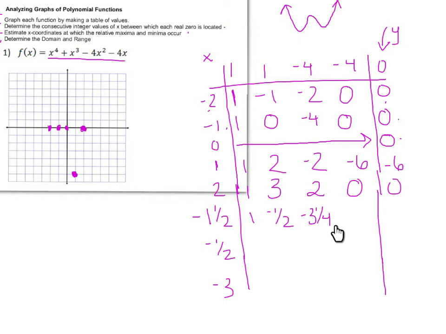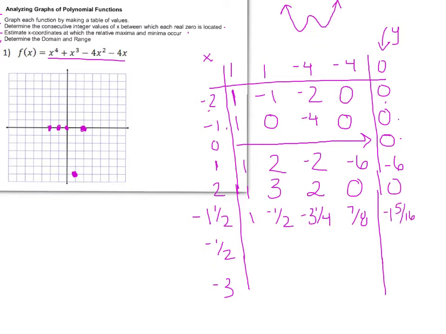Negative 3 1/4 times negative 1/2 is positive 4 7/8. Positive 4 7/8 plus negative 4 is 7/8. And then 7/8 times negative 1.5 is negative 1 5/16. Negative 1 5/16 plus 0 is negative 1 5/16.